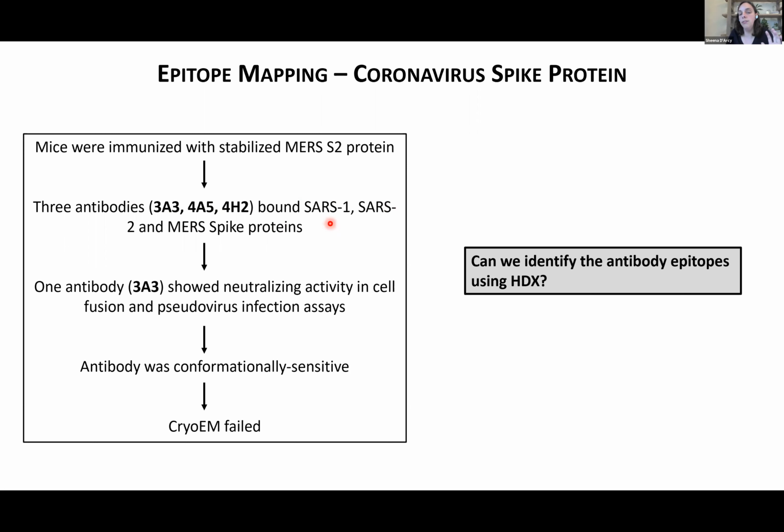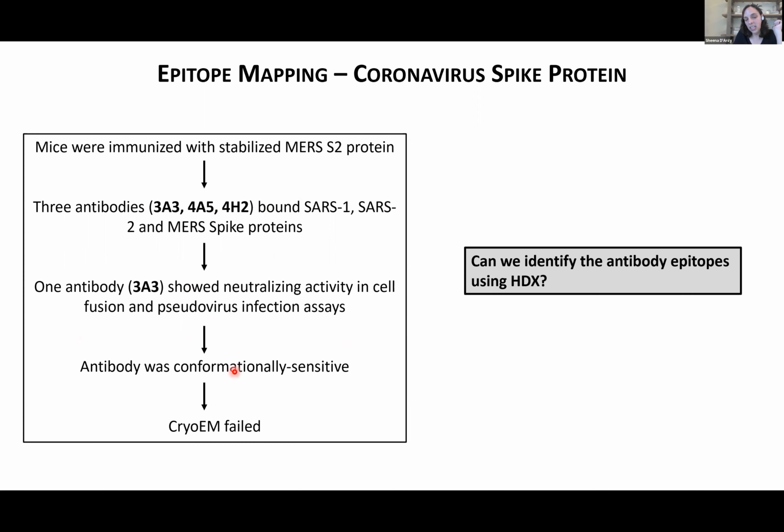So the spike protein from SARS-1, SARS-2, and MERS. Of these 3 antibodies, 1 antibody then showed neutralizing activity in cell fusion and pseudovirus infection assays. So in vitro assays, this antibody showed a lot of promise.